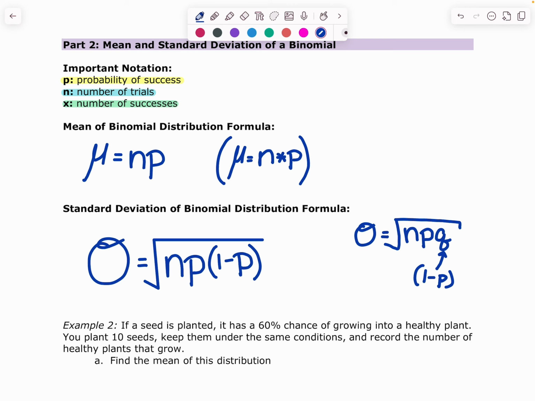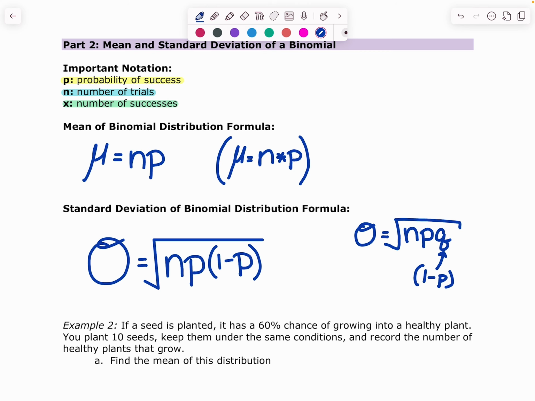But some places you will see anytime 1 minus p is written, you will see it as q. But we can just go ahead and do np(1 minus p), multiply all those together, and then take the square root.